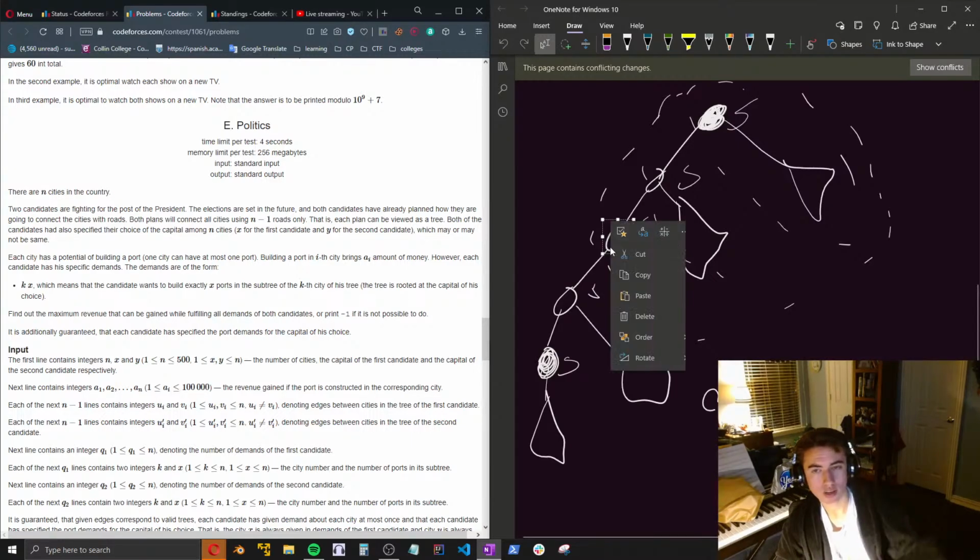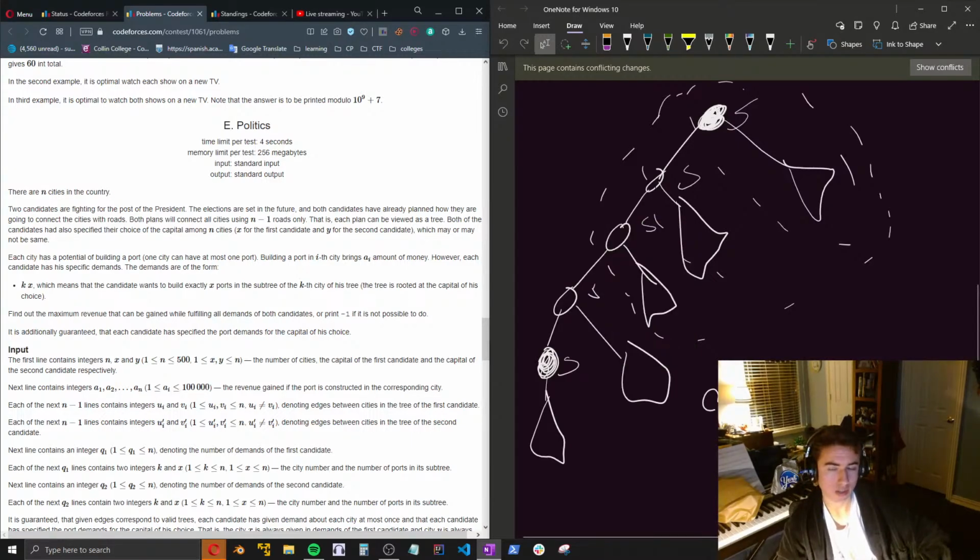How many are we choosing? How many are we going to choose outside the subtree? We need to satisfy the constraint.